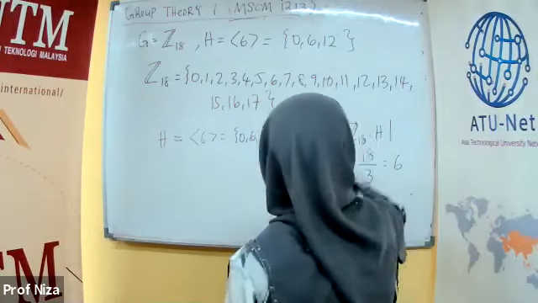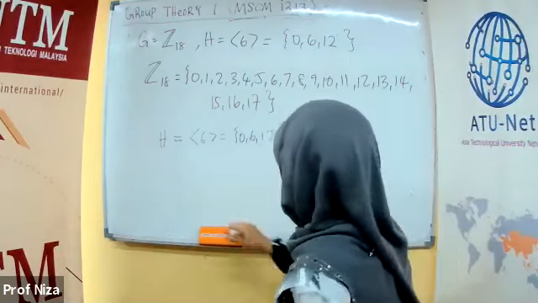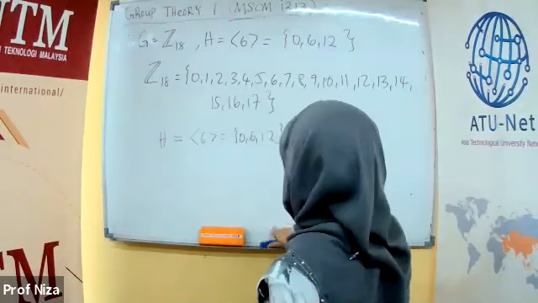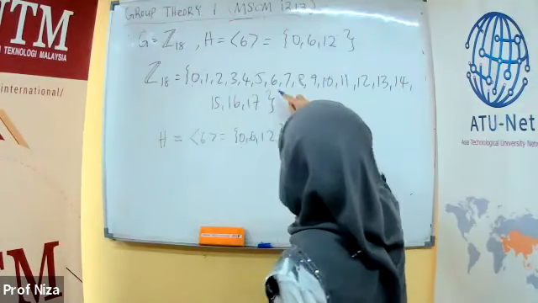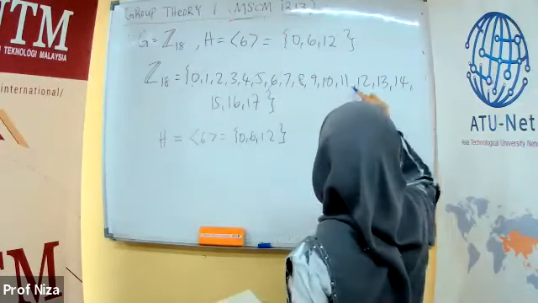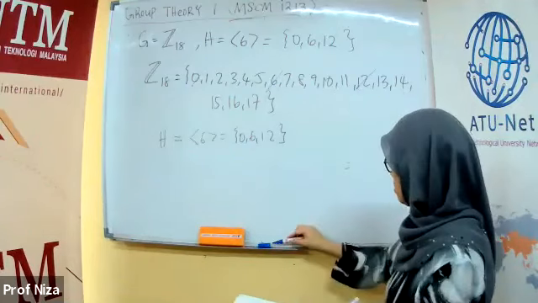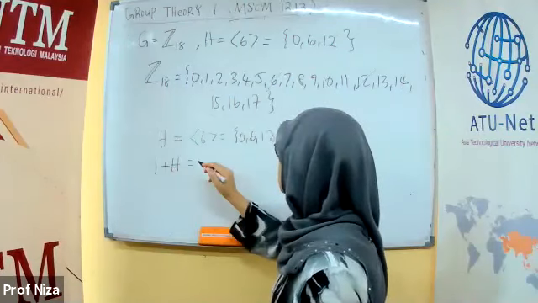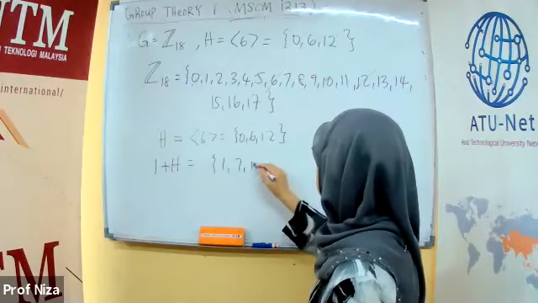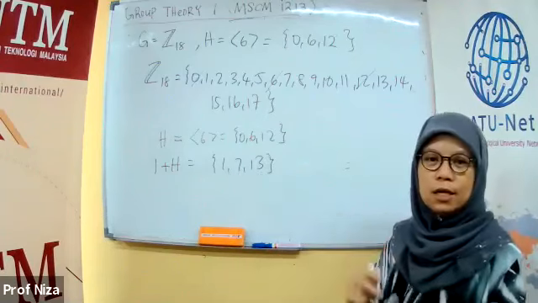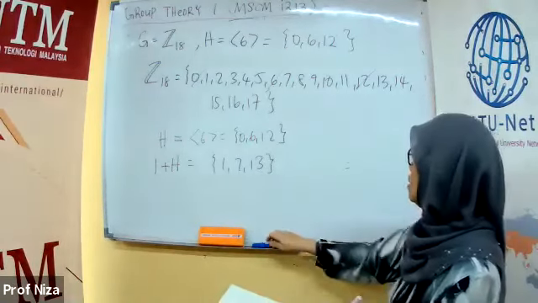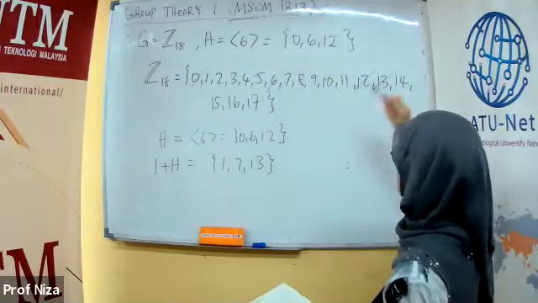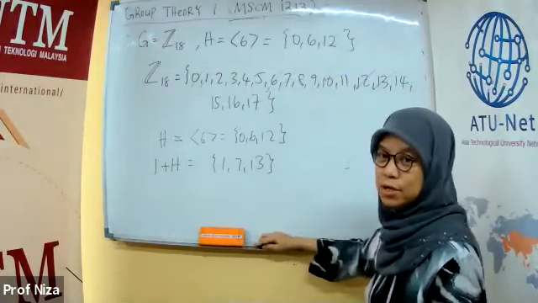Okay, then you have 0, 6, 12. The next one would be 1 plus H, so you get 1, 7, 13, because we're just adding 1. You can see the pattern already, right?